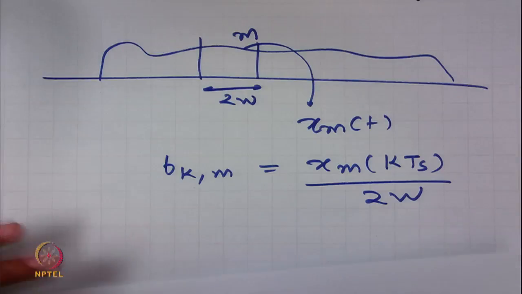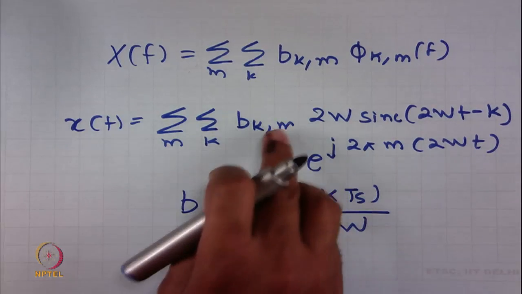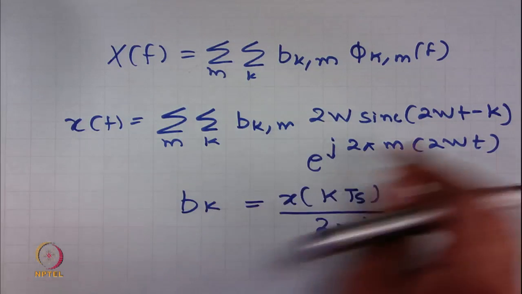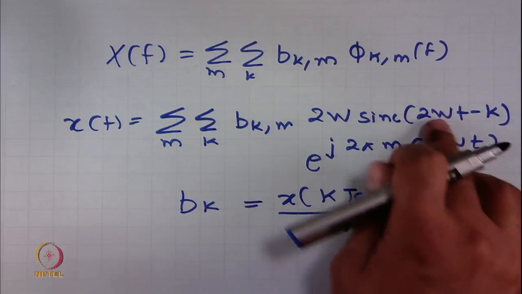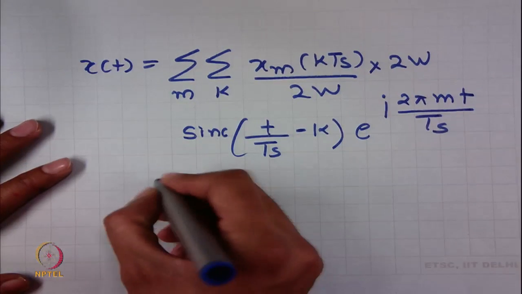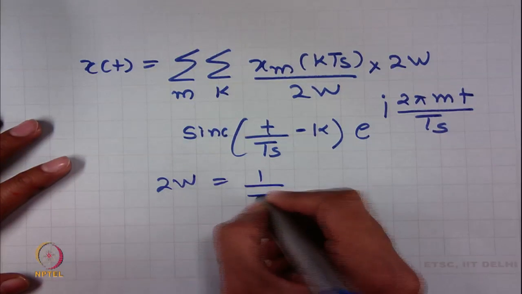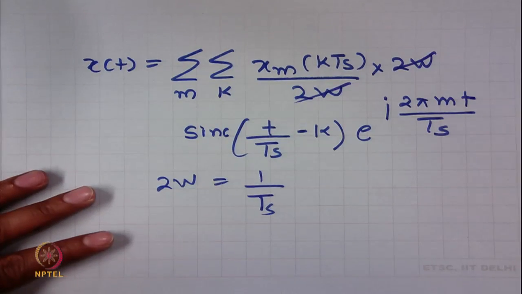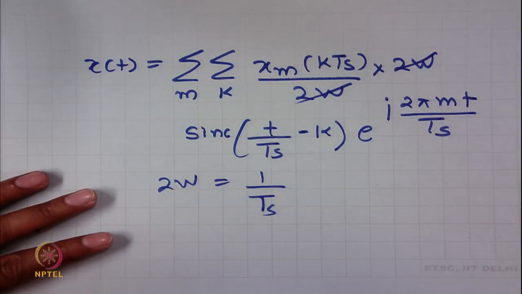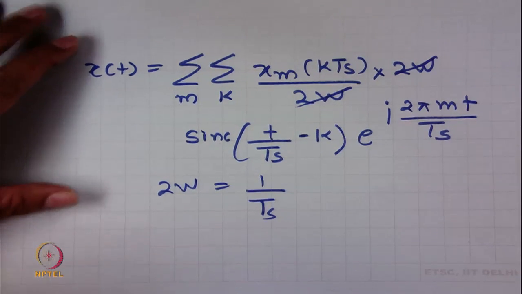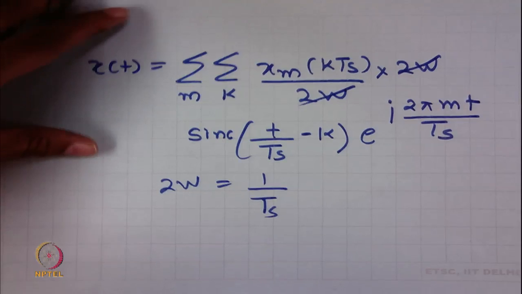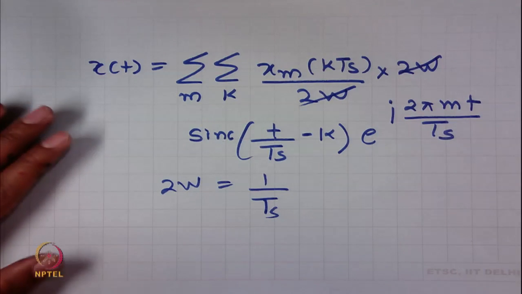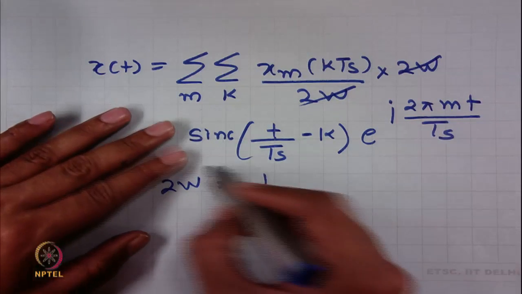So, we have actually done two things. First, we have substituted the values of these coefficients, and then we have also substituted 2w as 1 by Ts. And we now get a double sum orthogonal expansion of the signal x(t) using the ideas of DTFT.